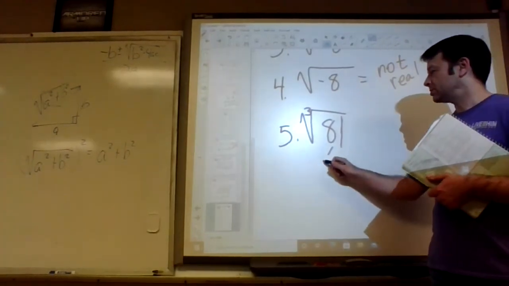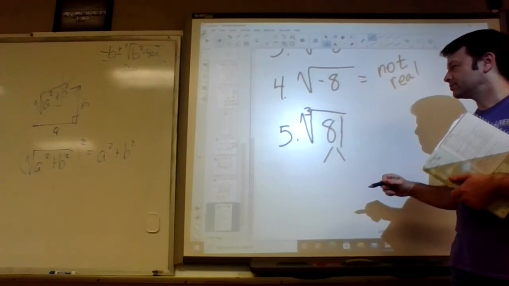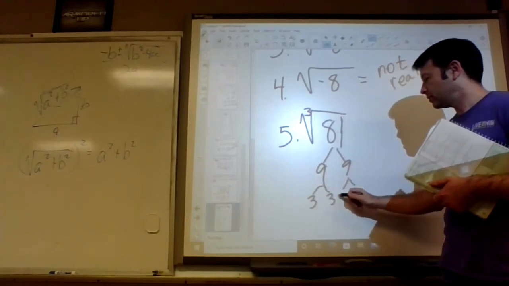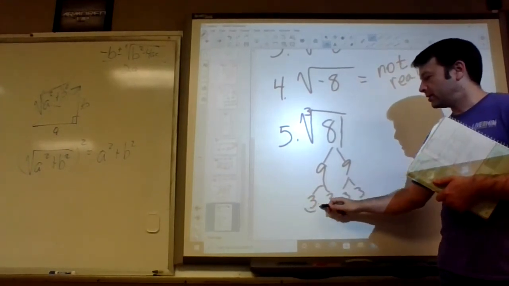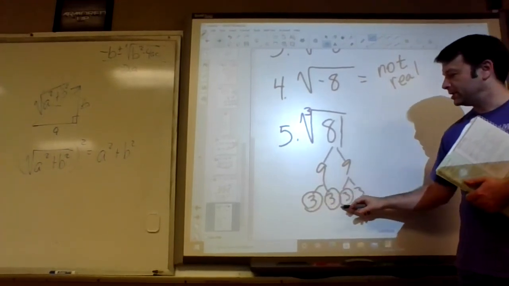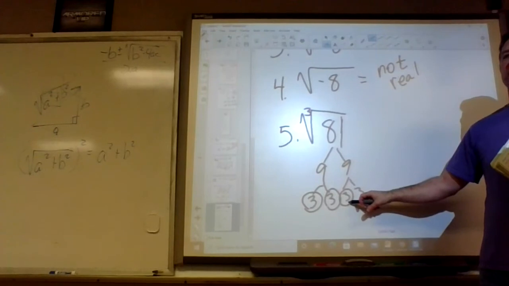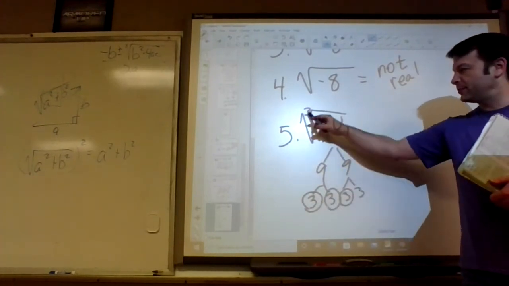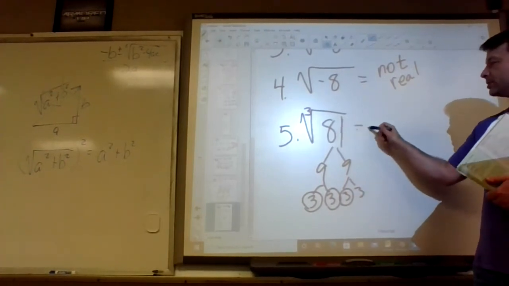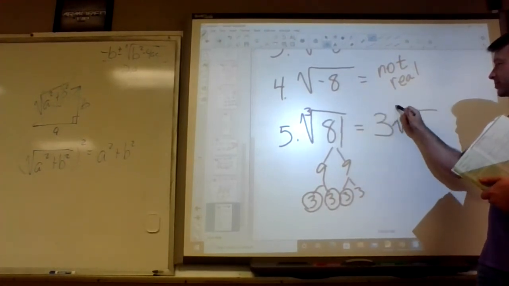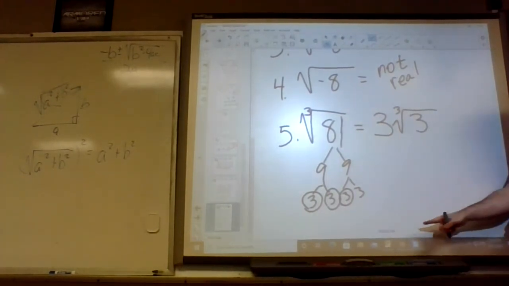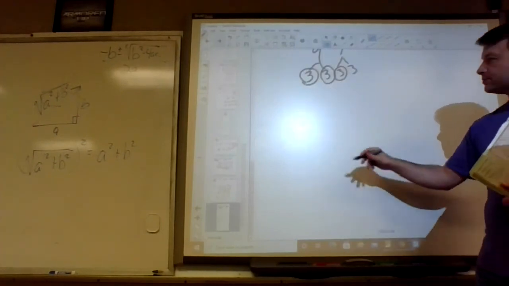You made the tree. 9 and 9, 3s and 3s, so it's 3 to 3. Remember, you need 3 of them if you're doing cube root. So it's 3 cube root of 3, not square root. There's a lot of 3s. 3 times the cube root of 3.